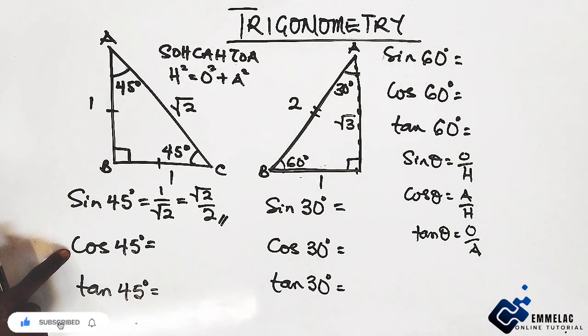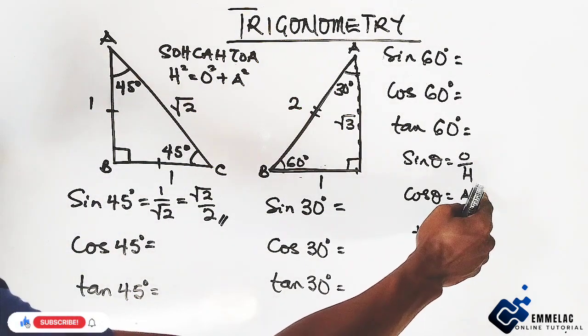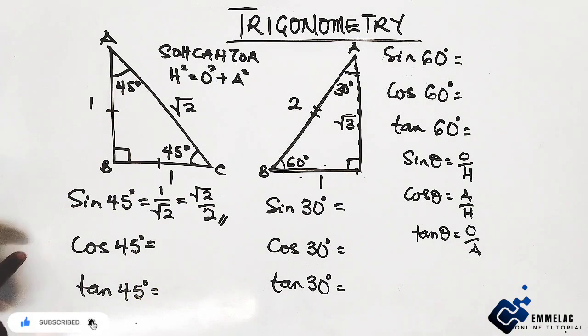Now for cos theta, you can pause the video and get the value of cos theta using this rule: adjacent over what? Hypotenuse. Alright, very good, and I'm sure you got it right.